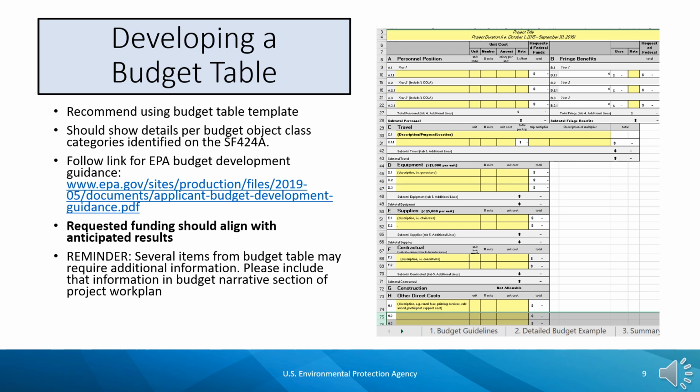Developing a budget table. On GMD's webpage, there is a link to a recommended budget table template that is pictured on this slide. Utilizing this template in conjunction with the budget narrative will ensure the application has all of the information needed to evaluate the budget proposed for the project. This budget table provides more detail on the cost identified on the SF424A. The budget object class category amounts listed on your SF424A must match the budget object class category totals on your detailed budget table.